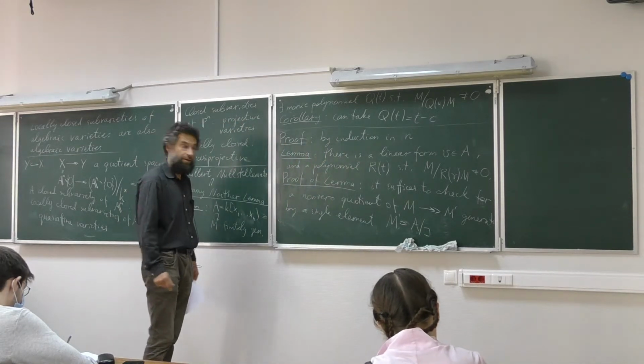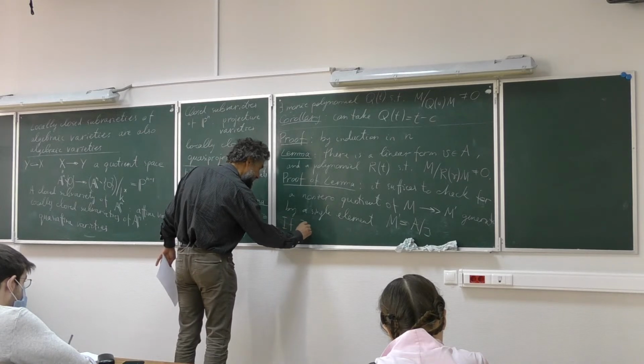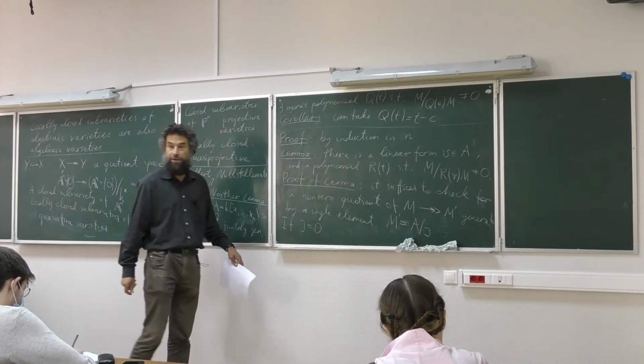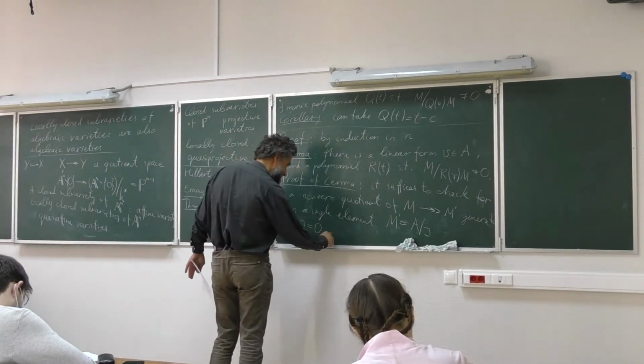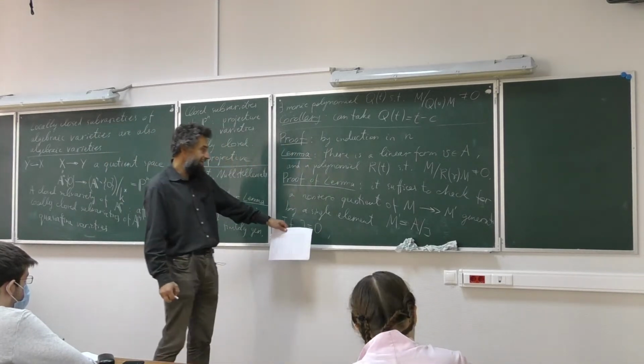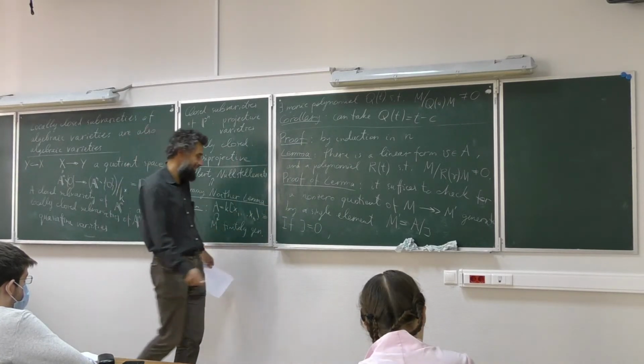Okay. Now, if J equals 0, then there is nothing to prove. I think everybody agrees. I mean, just take any coordinate and you are done.